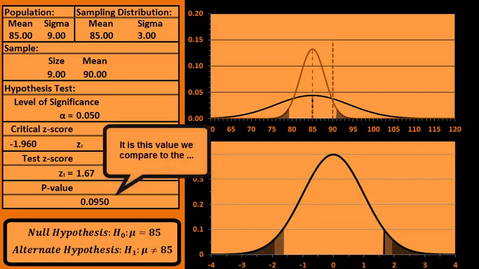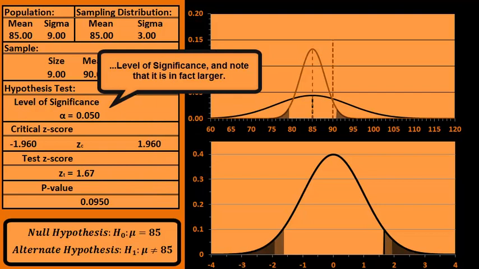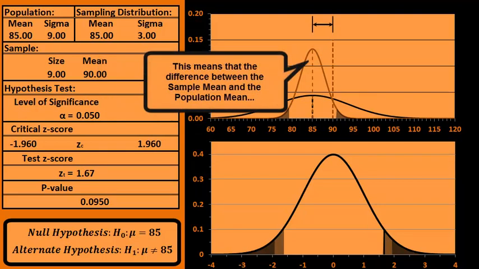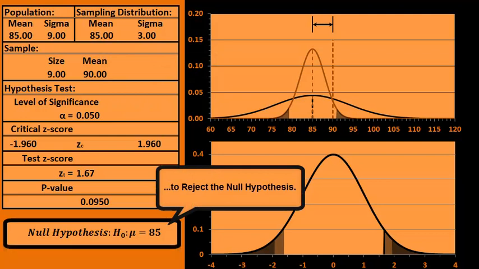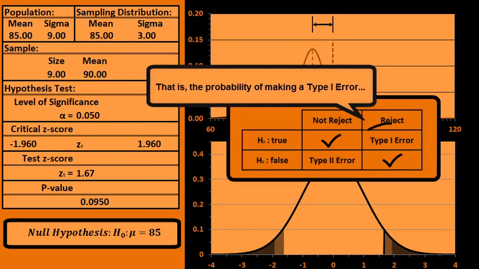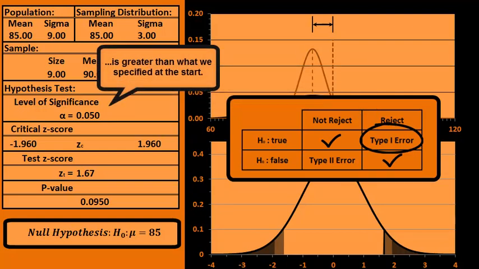This is the value we compare to the level of significance and note that it is in fact larger. This means that the difference between the sample mean and the population mean is not significant enough for us to reject the null hypothesis. That is, the probability of making a type 1 error is greater than what we specified at the start.